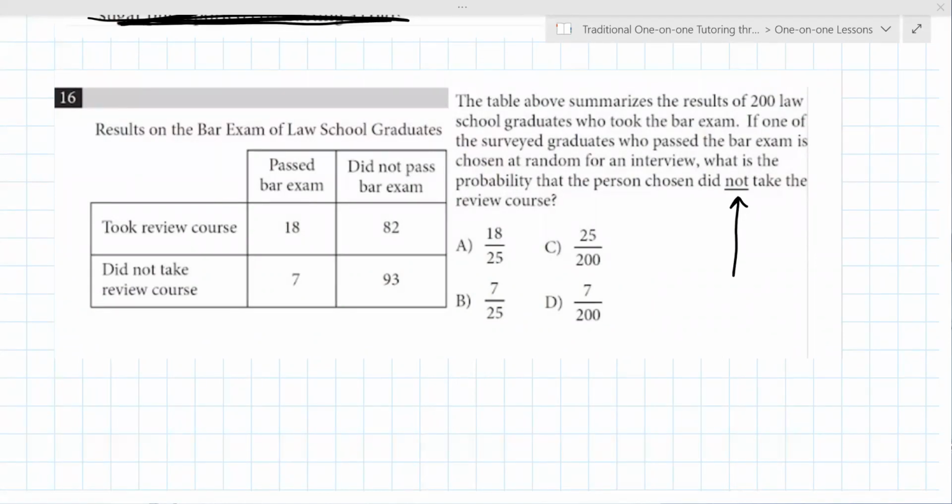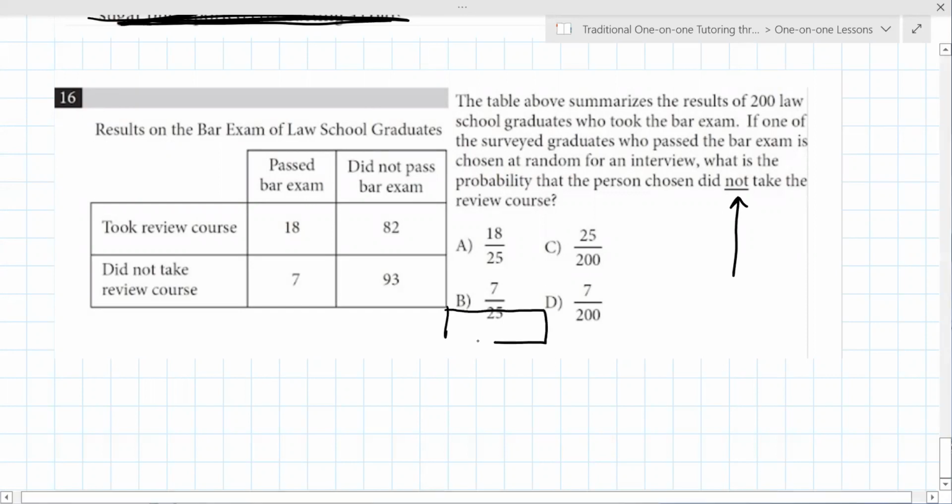If one of the surveyed graduates who passed the bar exam is chosen at random for an interview, what is the probability that the person chosen did not take the review course? So it's asking, out of the 200 students, yes, the 200 is like the total of everyone. Did not, so 200 and then I do 80.